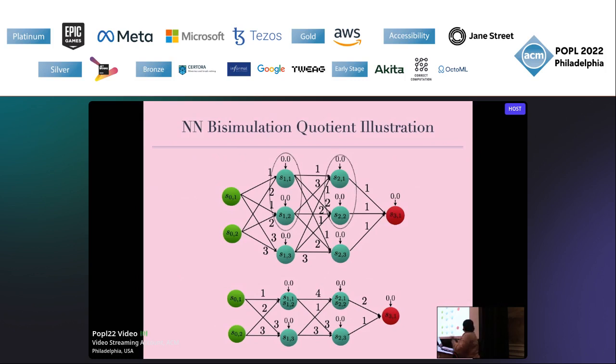Right? And then we can compute this reduced system wherein we represent those dotted group of nodes by a single node, and the edge from S11, S12 to S21, S22 is going to be 4 because that's the presum that is associated with S21.